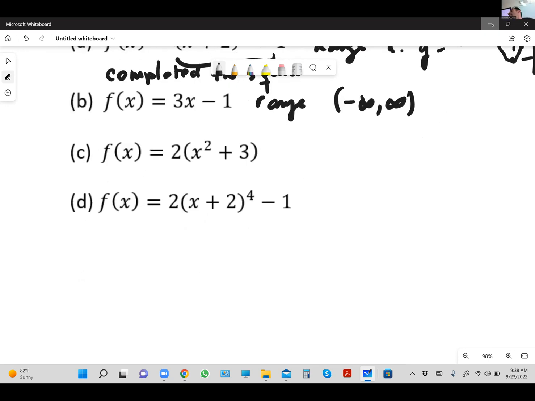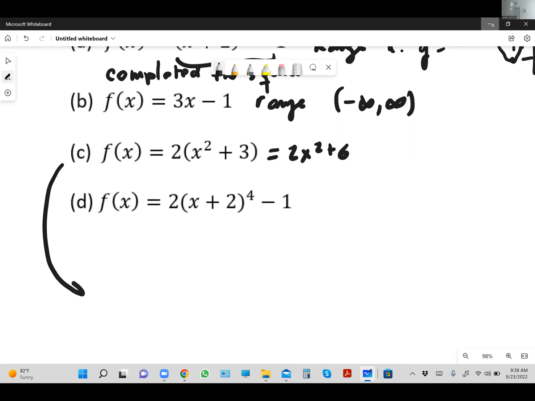The next one, oh, you can't see it. The next one, what type of shape is that? A parabola, right? Now, can you figure out what the range would be? Well, yeah.